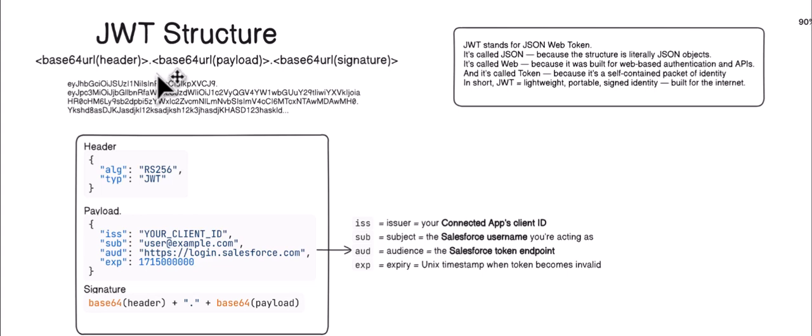Now, before we go into the actual implementation of JWT, I just wanted to touch on a couple of points. The first point is, why do we encode the header, payload, and signature in base64 URL encoding? What's the need of encoding this? The reason is, this final JWT token, which is this one, is either sent as part of the header or the URL when the client makes the API call.